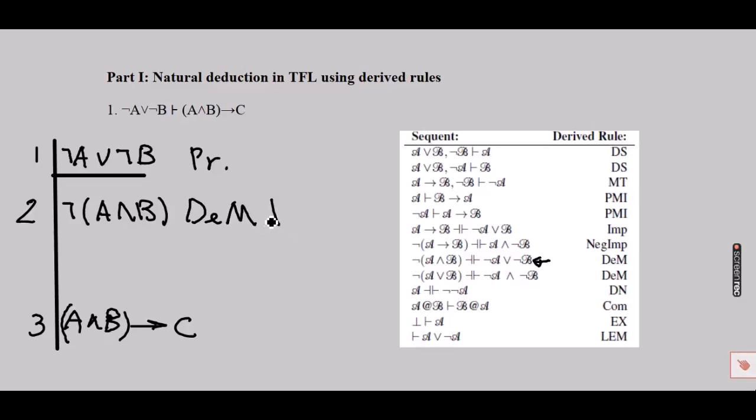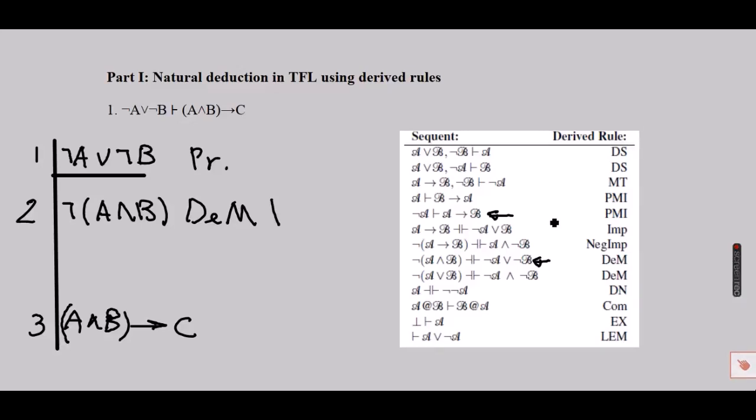Okay, now my goal is to get to a conditional. So it's a good idea to look at the rules that involve conditionals. And here we have this rule PMI that tells us that if you have the negation of a formula, the negation of A, you can get A arrow whatever you want, right?